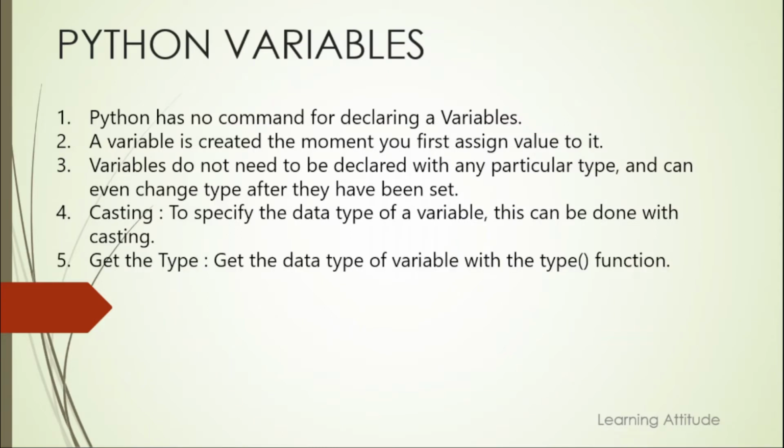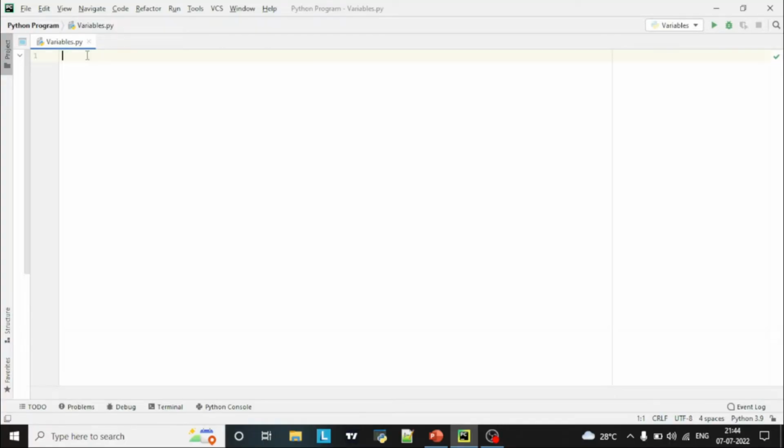Get the type. Get the data type of a variable with the type function. So type is an inbuilt function of Python which will give the data type of a particular variable. So let's see one example for this. Let's take one variable named x with some integer value and variable y with some string value, Hello world.